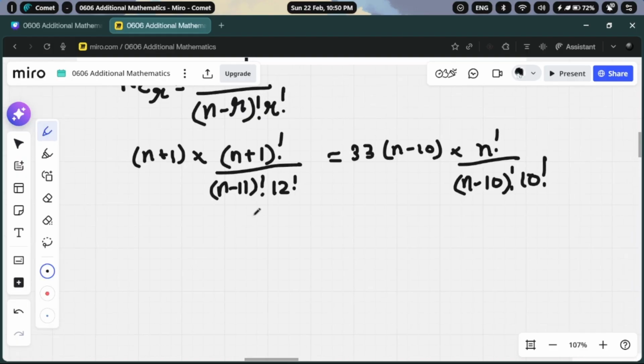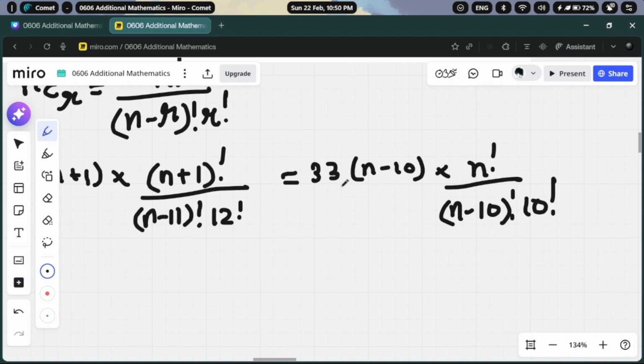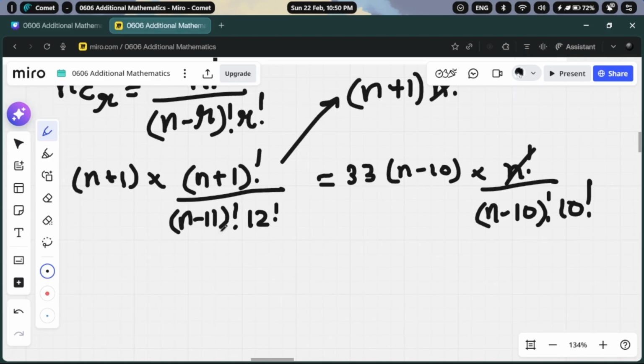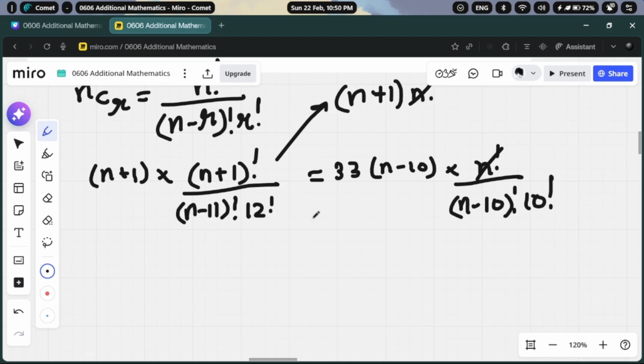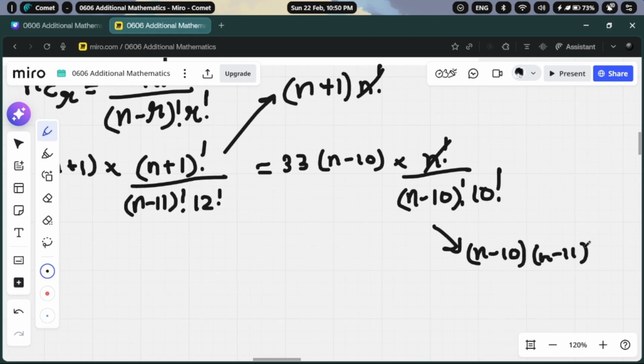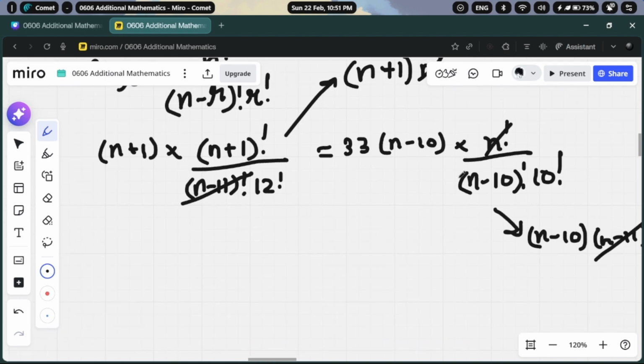Now, what you can do is cancellation. So first of all, you know that n plus 1 factorial can be rewritten as n plus 1 times n factorial. So you can cancel out this and this, which ends up giving you n plus 1. Similarly, you know that n minus 10 factorial could be rewritten as n minus 10 times n minus 11 factorial. So you can cancel out n minus 11 factorial from both the sides.